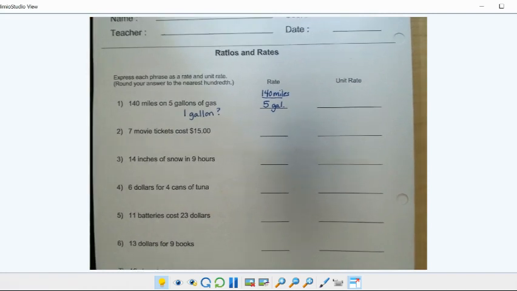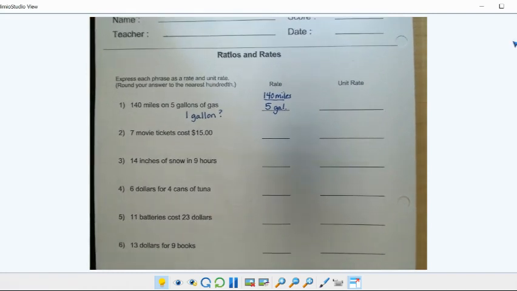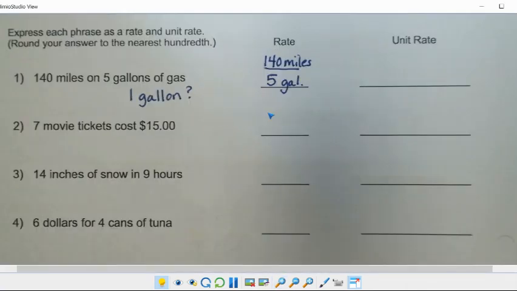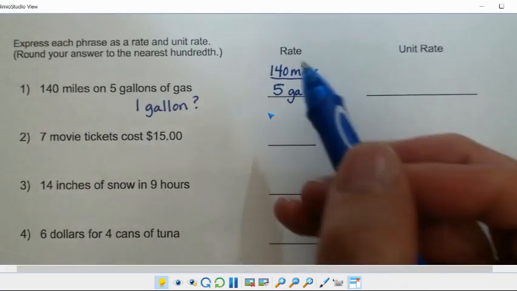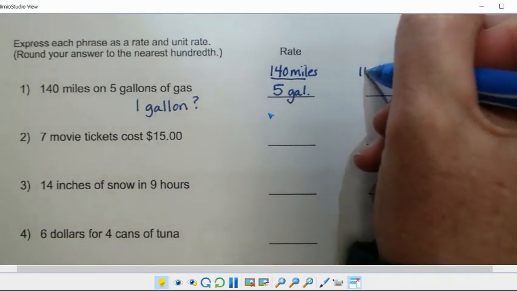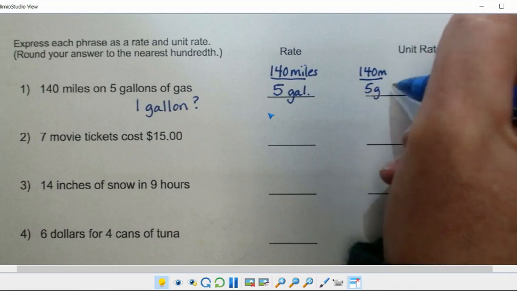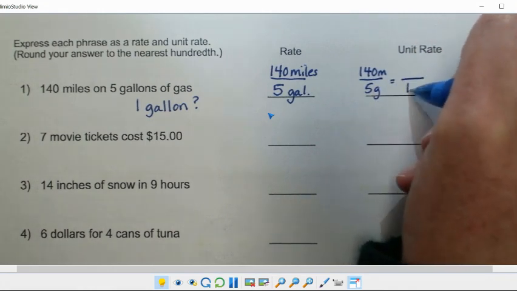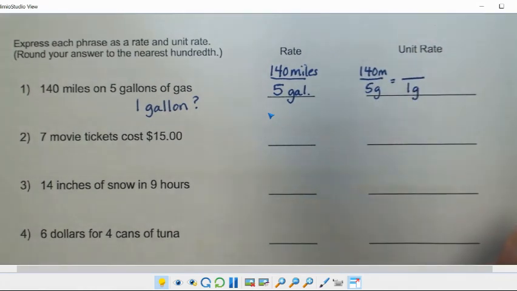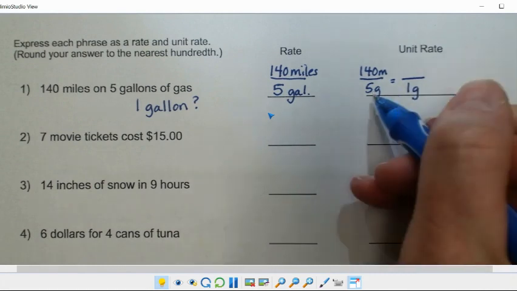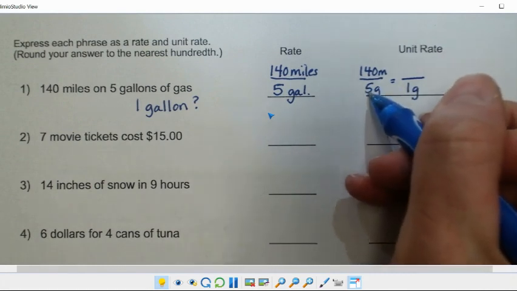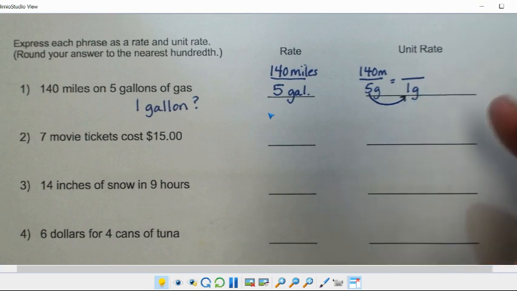Now when I go to find the unit rate for this, I'll use this same ratio I started with. But now I want just 1 gallon. So I think to myself, what am I multiplying or dividing 5 by to get to 1?